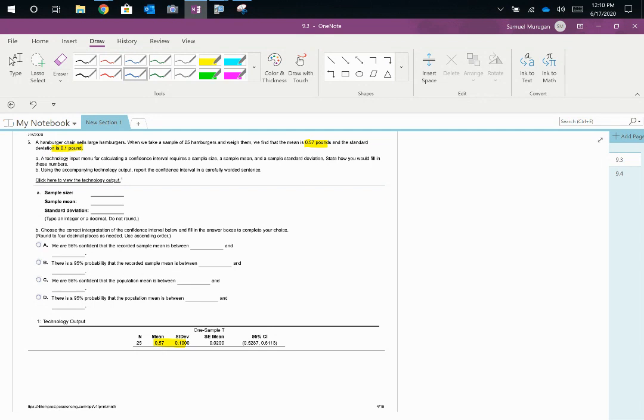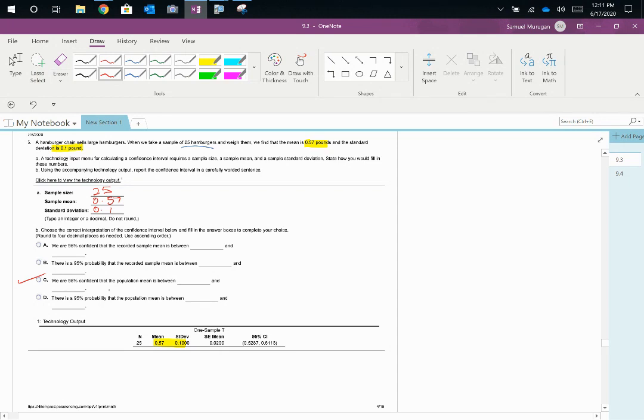Sample size here is 25 hamburgers. So 25. The sample mean is 0.57 and the standard deviation is 0.1. And how would you state the confidence? Remember, you're looking for the population.